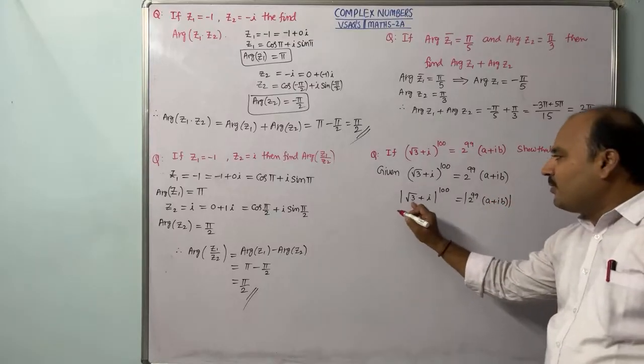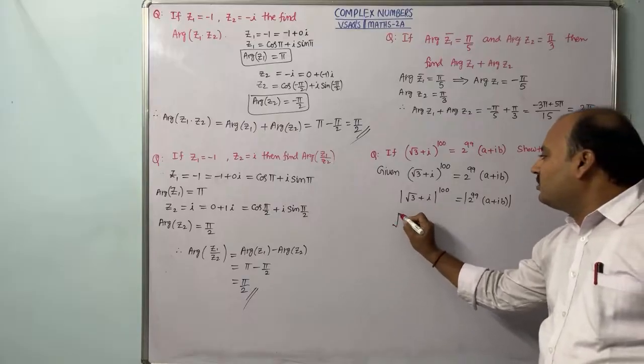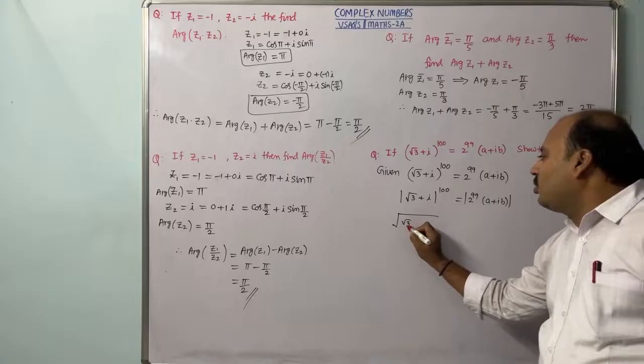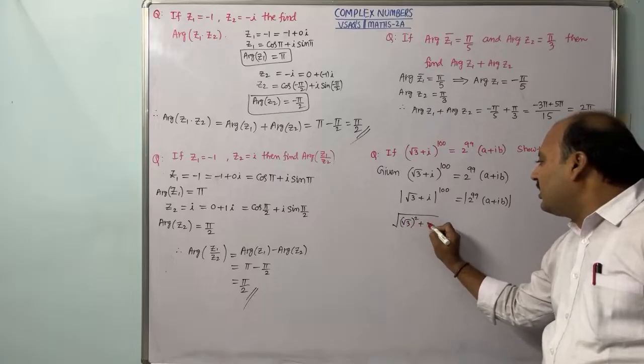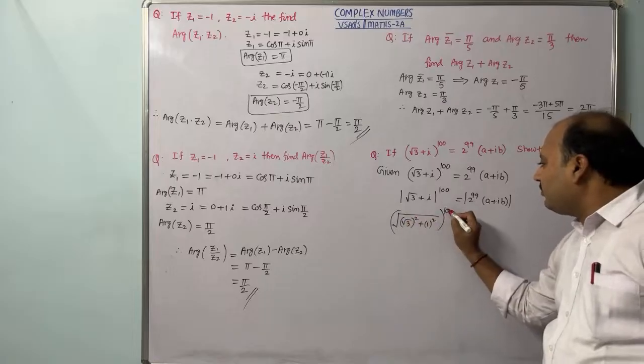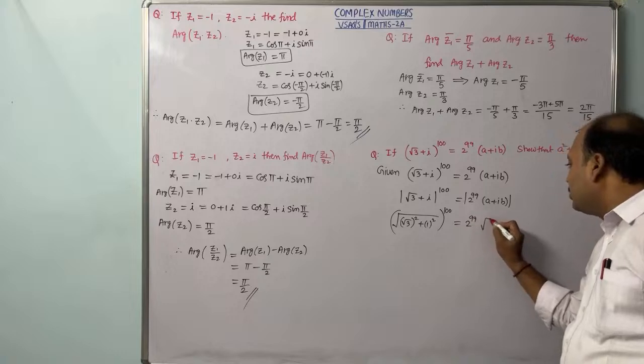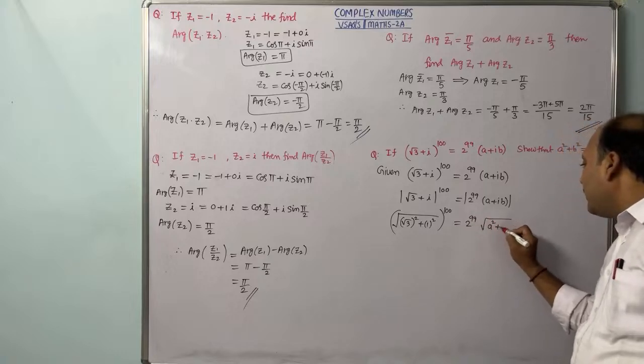So modulus of the complex number root 3 plus i is root over root 3 whole square plus 1 square, whole power 100, is equal to 2 power 99 root over a square plus b square.